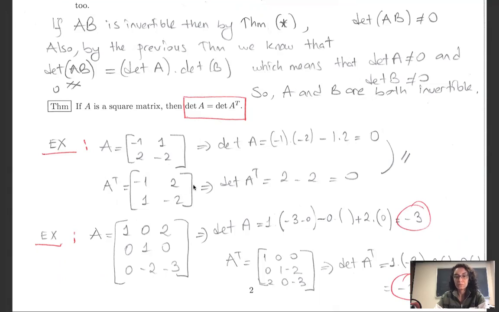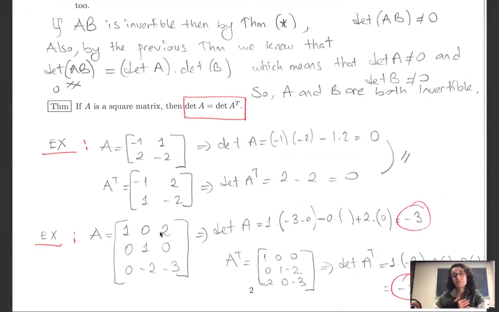So they are equal. Or for the 3 by 3 case, how can you find the determinant of this matrix? You can use any row or any column, but I think the first column has more zeros, so you can use that, or you can use the first row here.